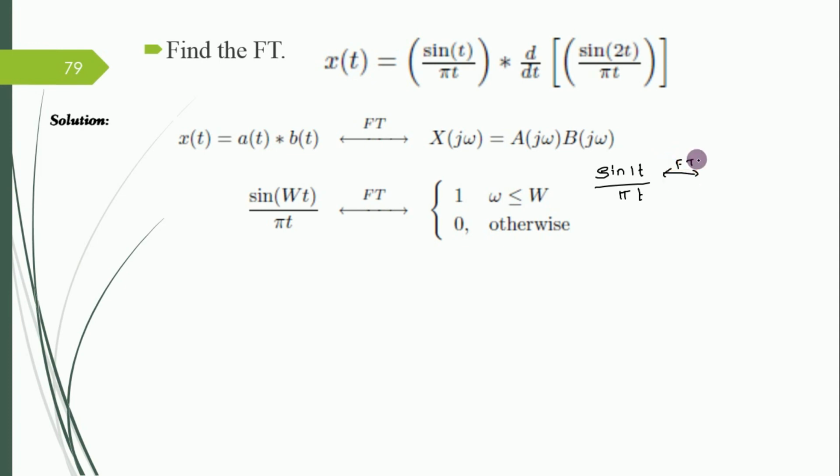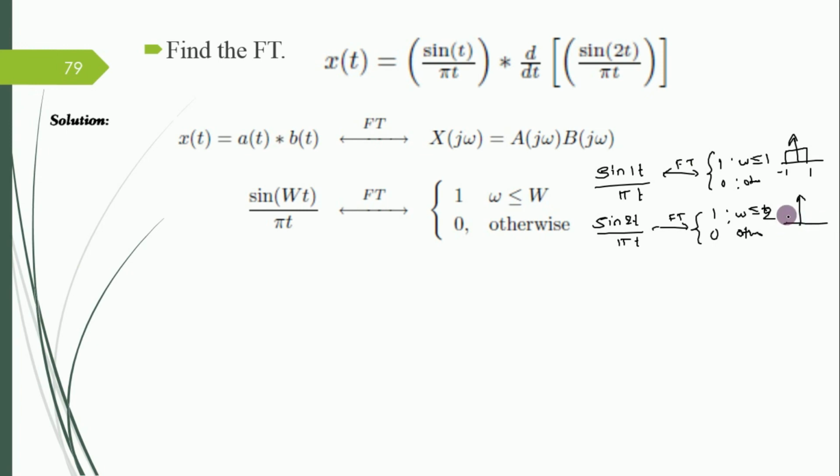Its FT pair will be 1 for omega less than or equal to 1 and 0 otherwise. I can write it as minus 1 to 1. Similarly, sine 2t by pi t, its FT pair would be 1 for omega less than or equal to 2, 0 otherwise. So your signal would look like minus 2 to 2.